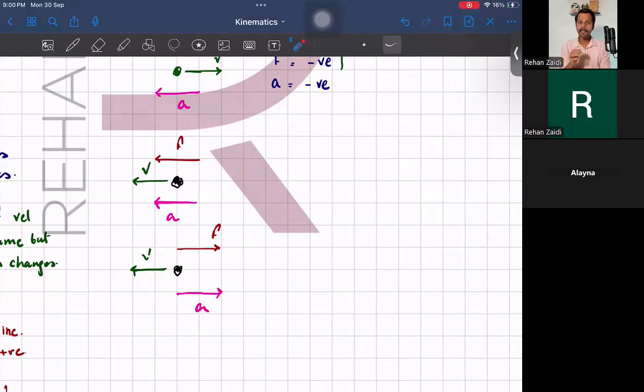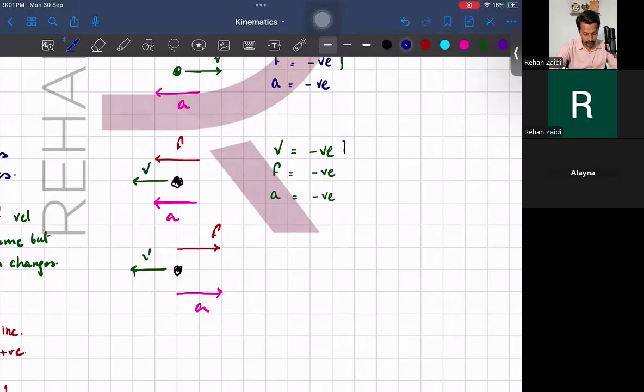Since the backward direction is considered to be negative, according to this situation the velocity of this object would be negative due to direction. The resultant force would be negative again due to direction. The resultant acceleration would also be negative.